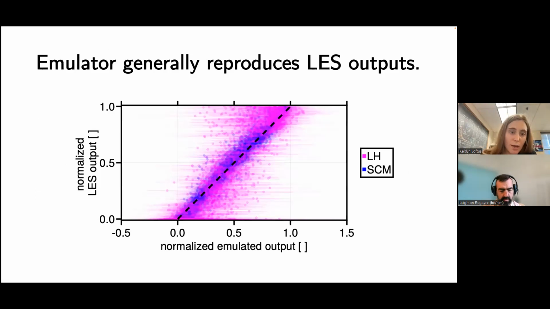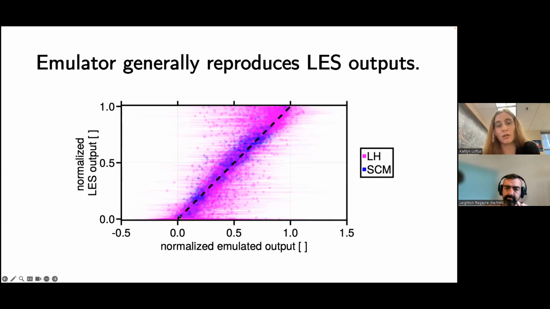Here I'm showing on the x-axis the normalized emulated output, and on the y-axis the normalized LES output for all 12 outputs that we consider and all PPE members. The one-to-one line is shown in this dashed black line, each output is shown as a single point, and we have error bars based on the standard deviation outputted from our ensemble emulator.